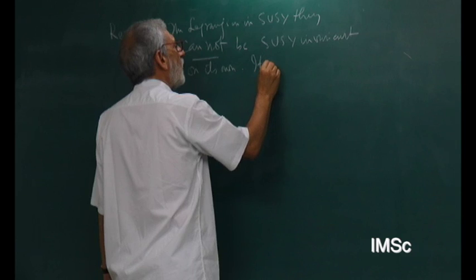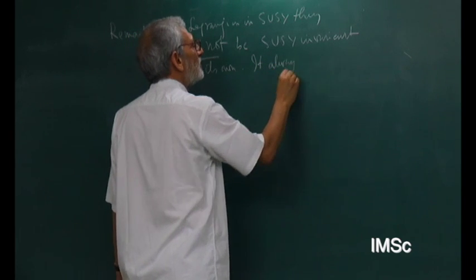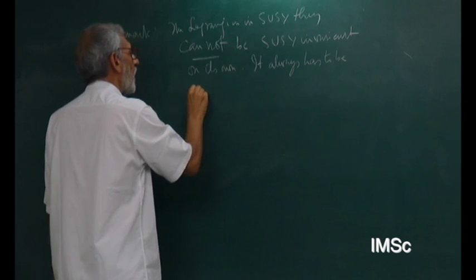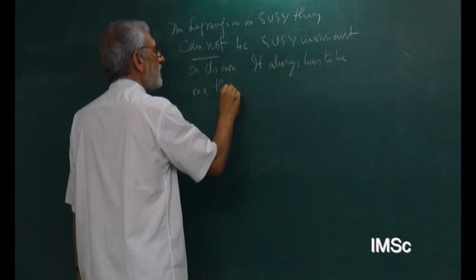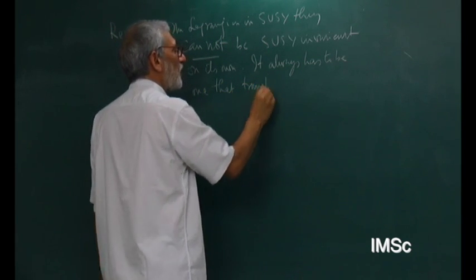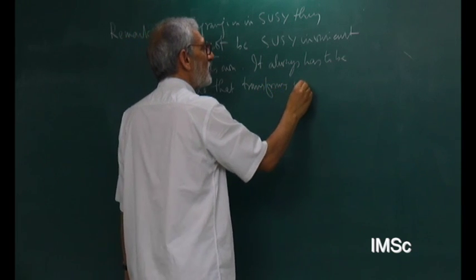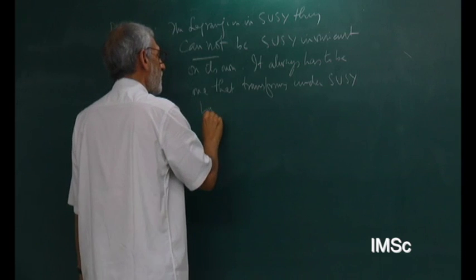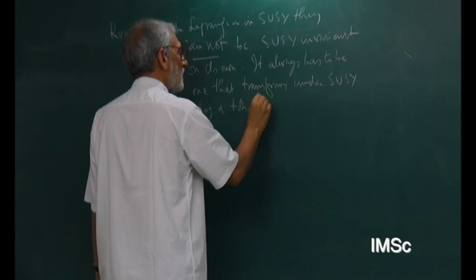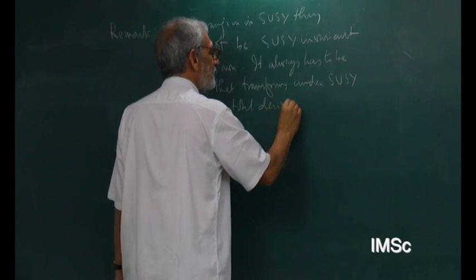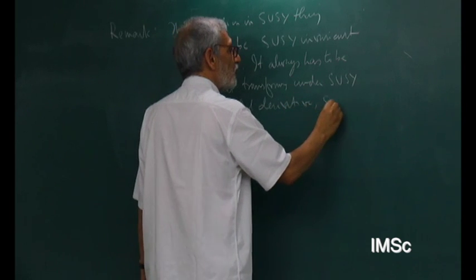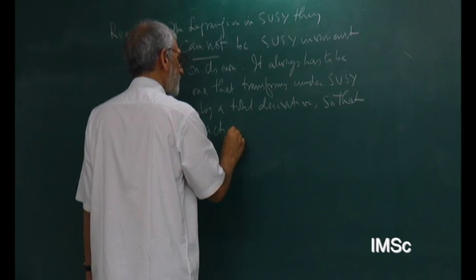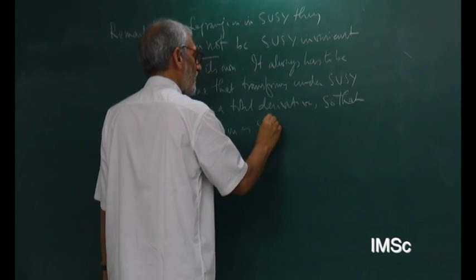It always has to be one that transforms under supersymmetry by a total derivative, so that the action is SUSY invariant.